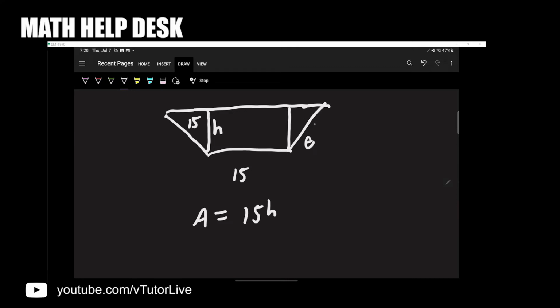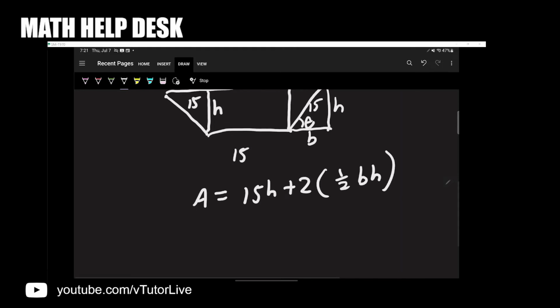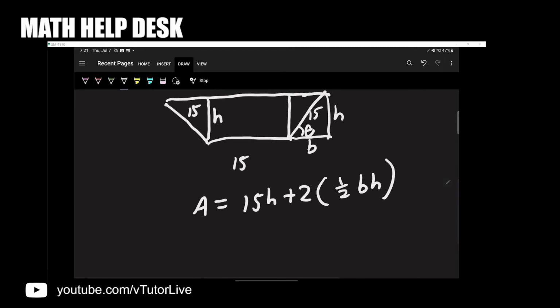And then the area of each of the little triangles, and keep in mind that there's two of them, is going to be, let's call this base, let's call that height, 1/2 base times height.